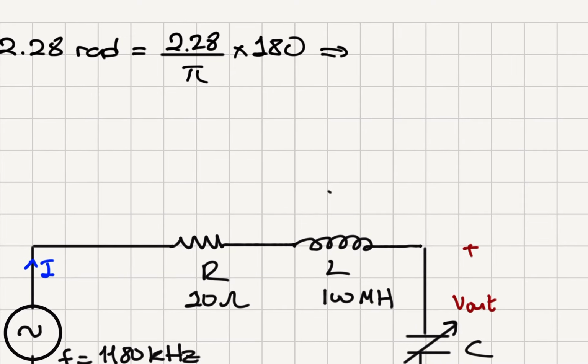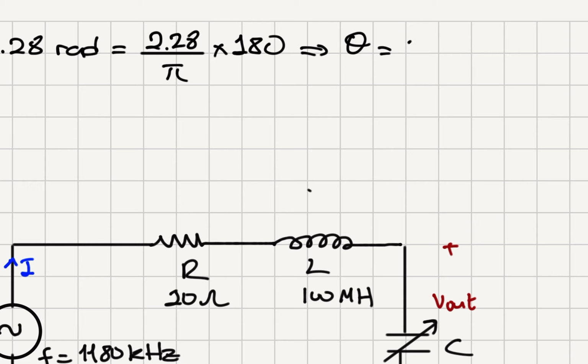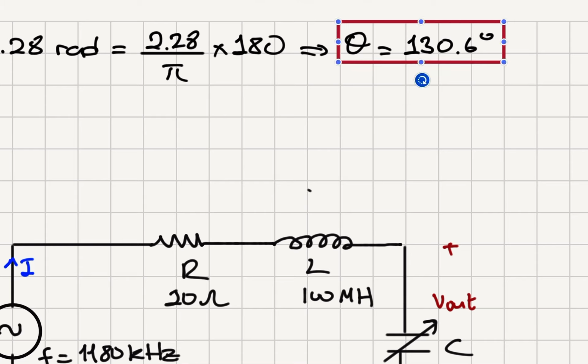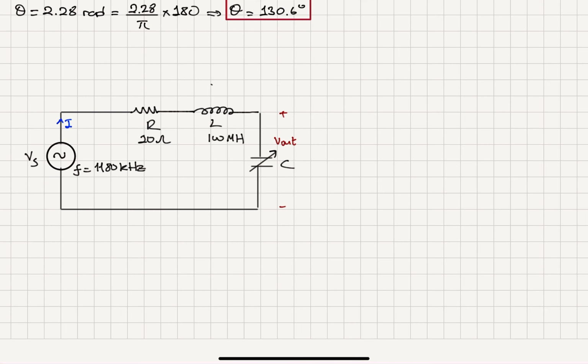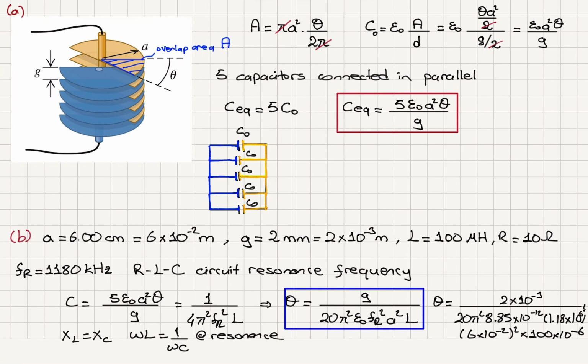So that gives me an angle in degrees, 130.6 degrees. So that's the overlap angle I need in order to get the proper capacitance to have this resonance frequency.